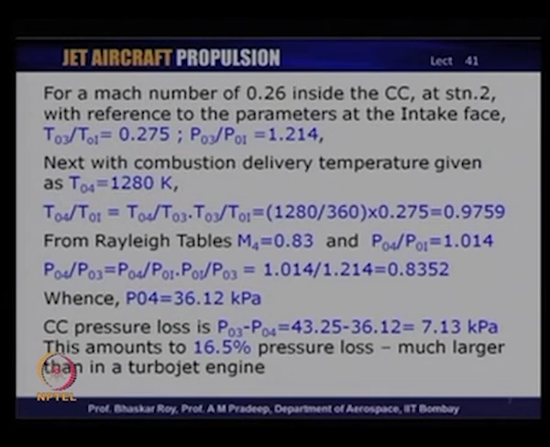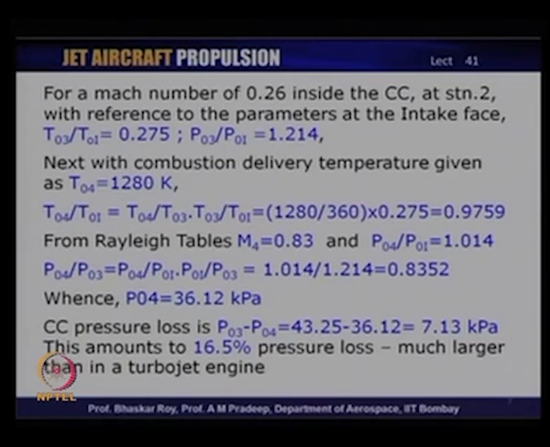Now, for a Mach number of 0.26 inside the combustion chamber starting at station 2, with reference to the parameters of the intake face, the temperature ratio from the intake face could be found as 0.275, and the pressure ratio with reference to the intake face would be 214. Now, these are the total temperature and total pressure ratios.